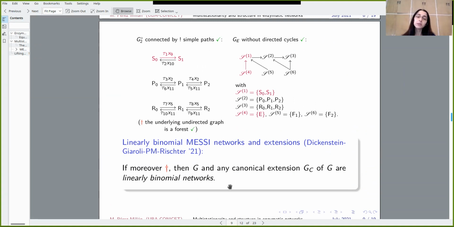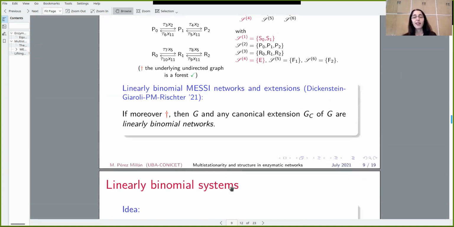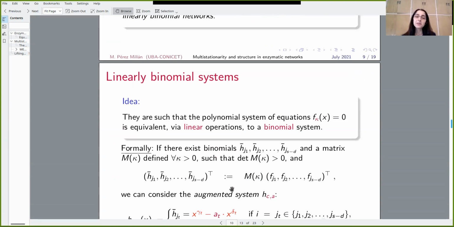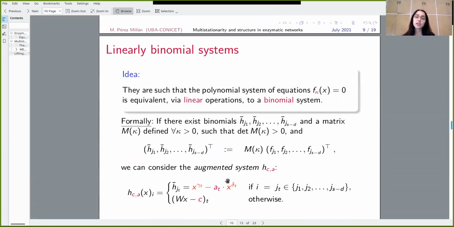And linearly binomial systems, the idea is that they are such that the polynomial system of equations f of x equals 0 is equivalent via linear operations to a binomial system. For those who are not sure, a binomial is a polynomial with two terms.